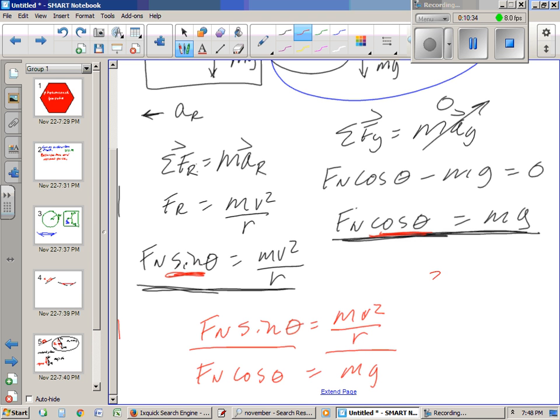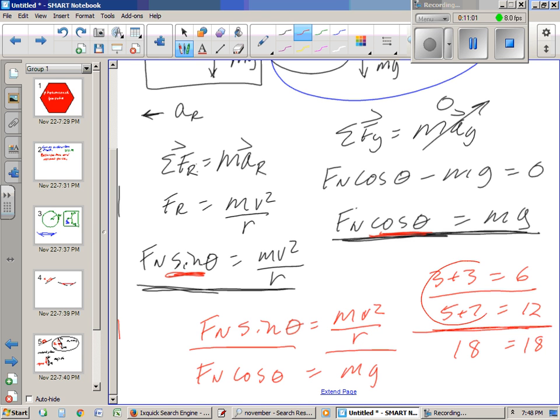Yes. Let's say we had 3 plus 3 equals 6, and 5 plus 7 equals 12. We add up the right side here, you see that we get 18. We add up the left side, we also get 18. And if we divide 6 by 12 over here, I should say 6 by 12, not add them up.